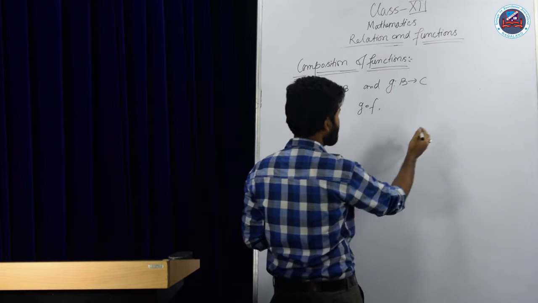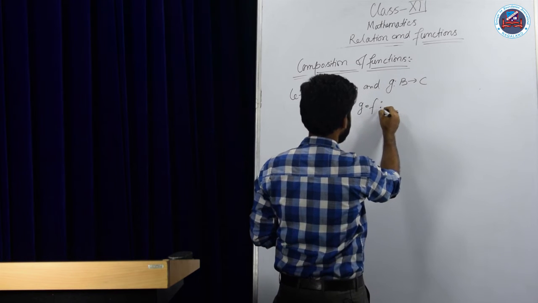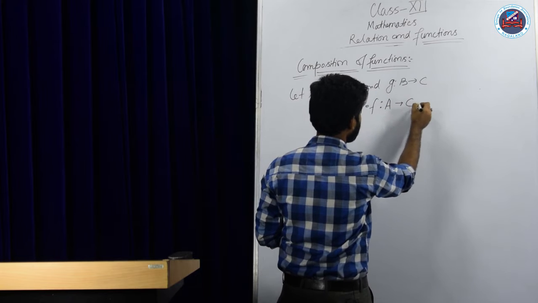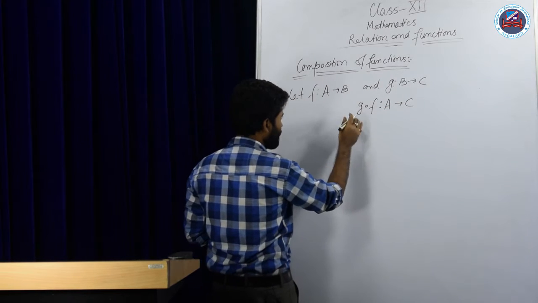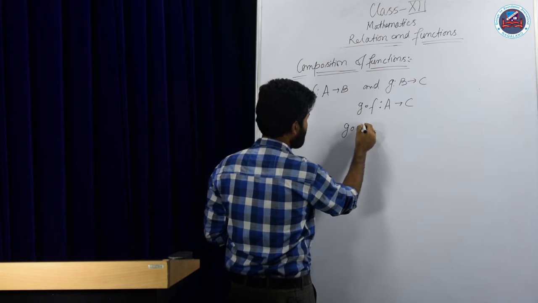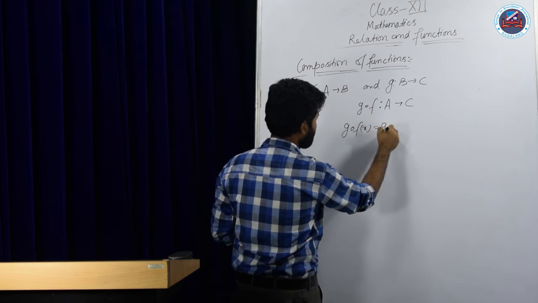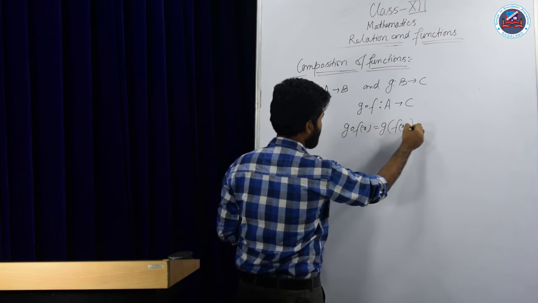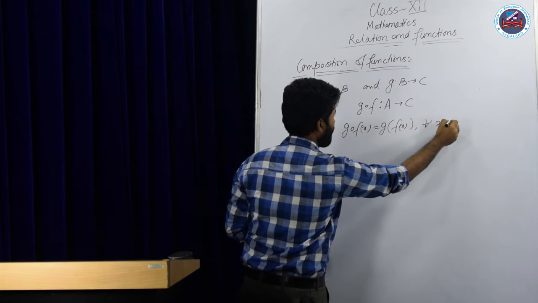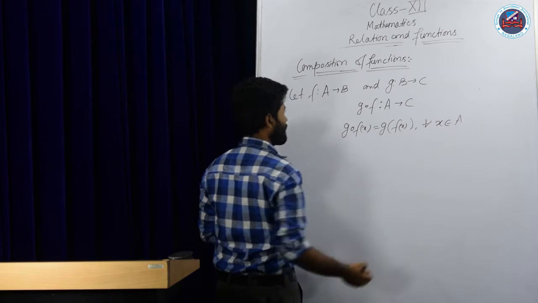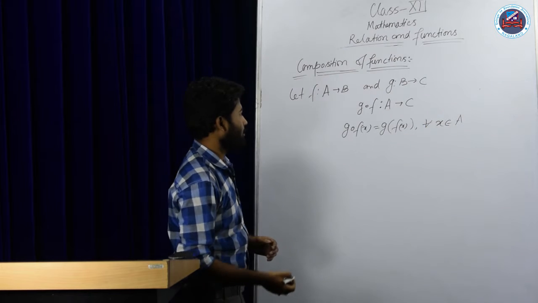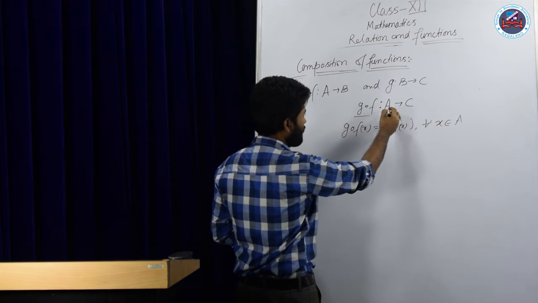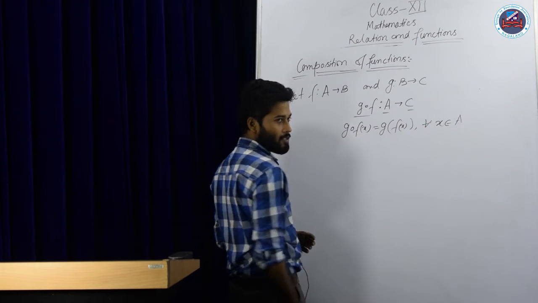And which is defined as a function g of f from A to C, and this is given as (g of f)(x) is equal to g(f(x)) for all x belonging to the set A, or the domain A. So here we can see that for the new function the domain is A and the codomain is C.